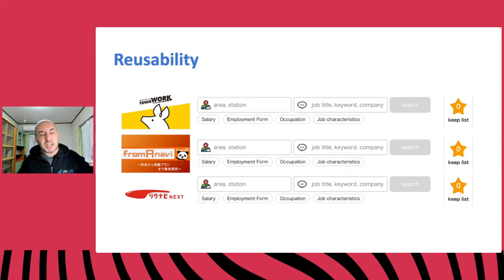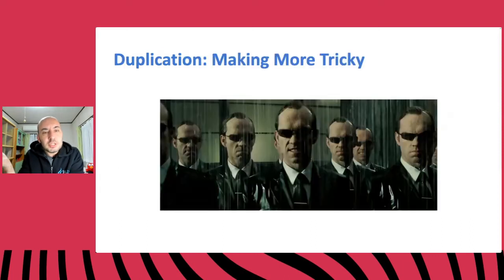But if I rewrite the same code from scratch in these three repositories, it is duplication, right? I'm doing the same implementation again and again while it was already written in the other repository. So it is not only duplication of effort, but it also results in maintenance issues.